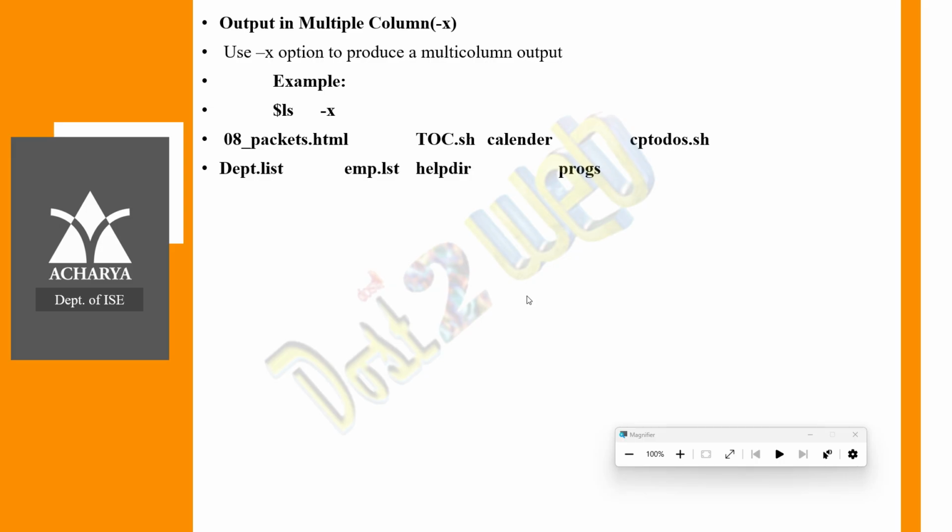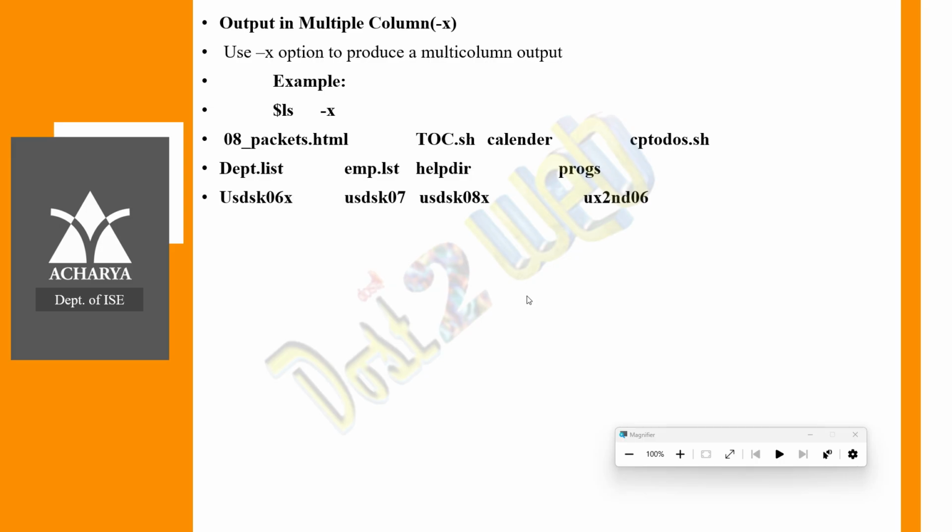But remember, in the examination they will ask you to explain any 5 ls commands with options, so this is also one of the options in that. So you have to remember multiple columns, right.